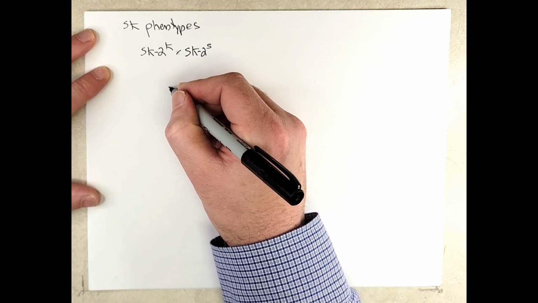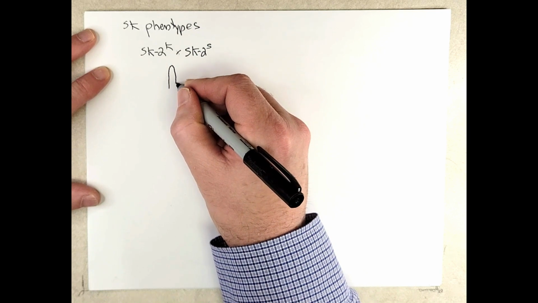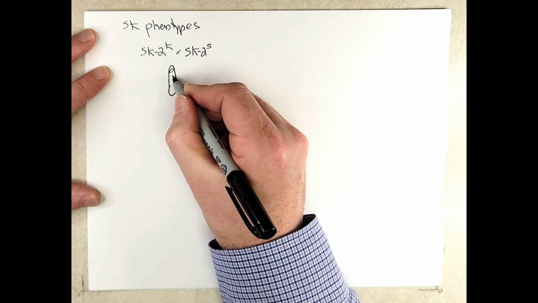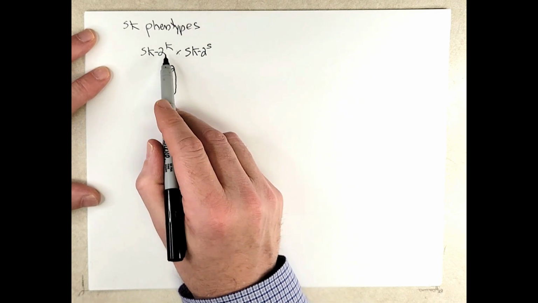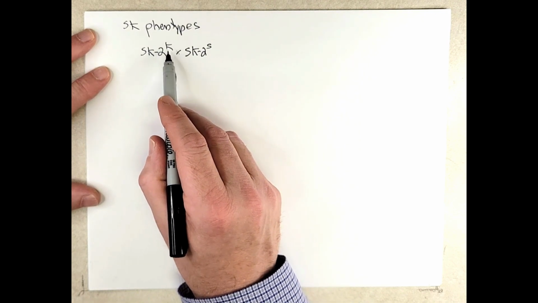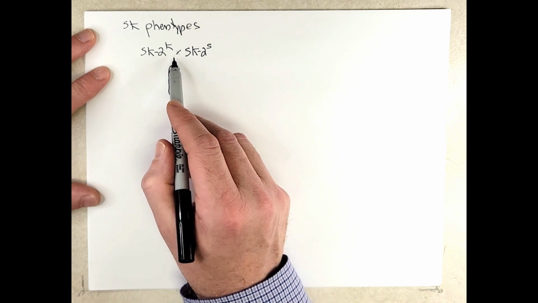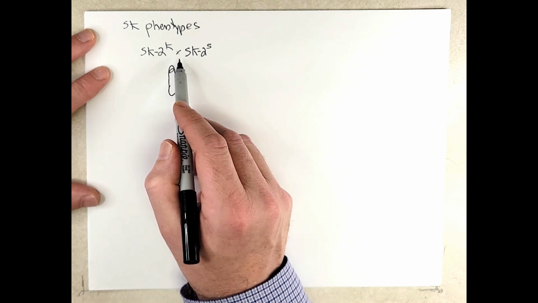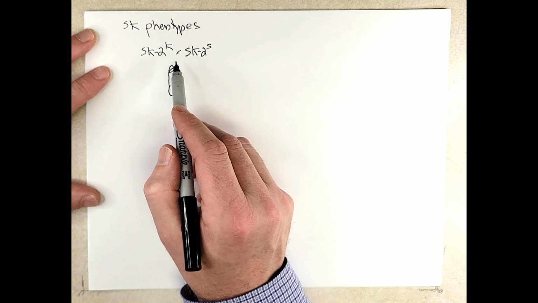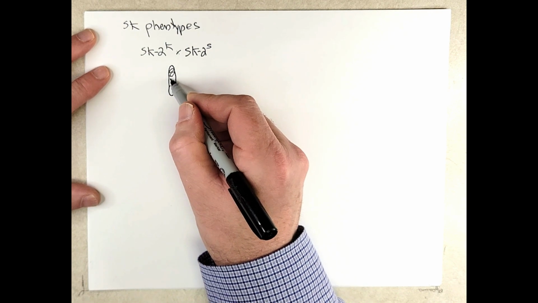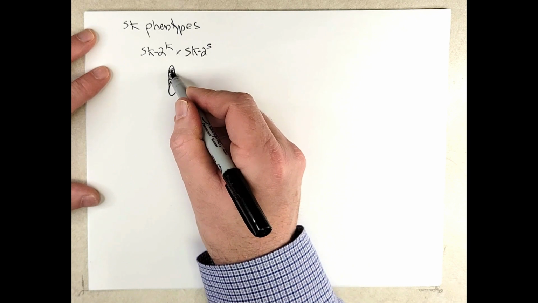We already went over this one, but to make sure we're all on the same page, I will quickly diagram what an ascus looks like. If we perform this cross, SK2K crossed to SK2S, and they form perithecia, inside the perithecia we will see 200 to 400 asci, and those asci should have the following phenotype.